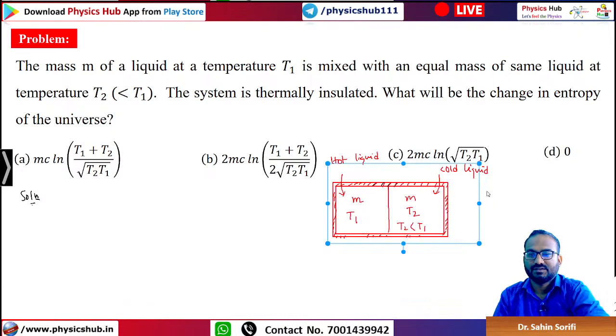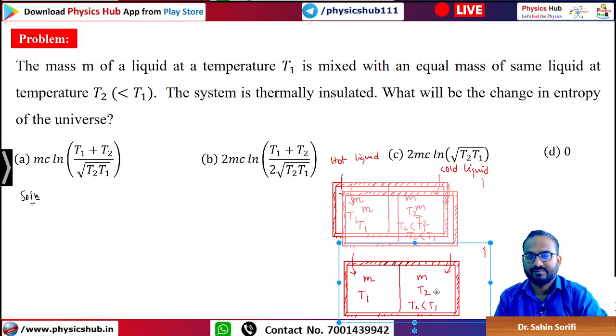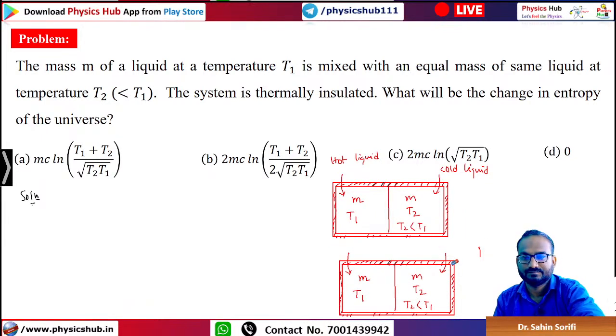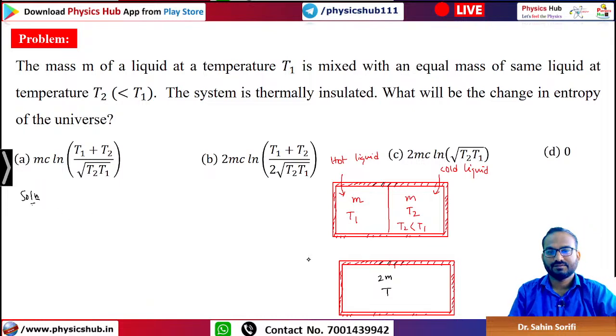If you mix two liquids of different temperatures, after a certain time they will mix and maintain a constant temperature, let us say T. So let T be the equilibrium temperature.